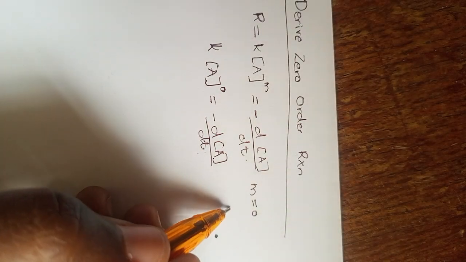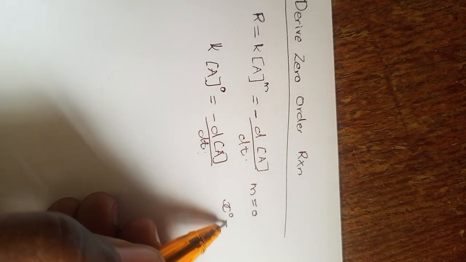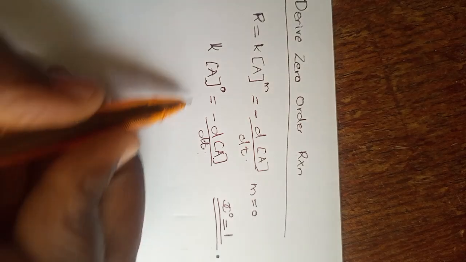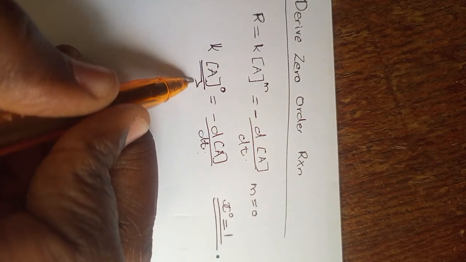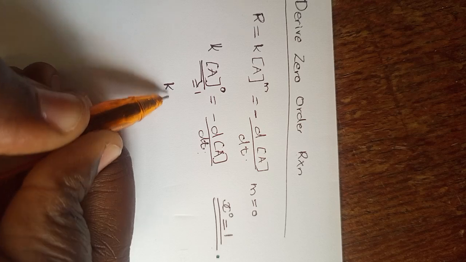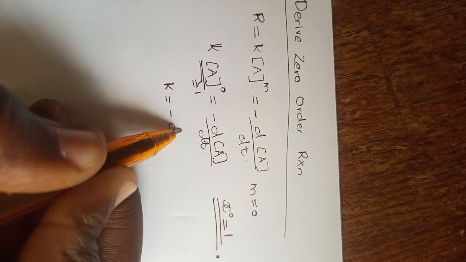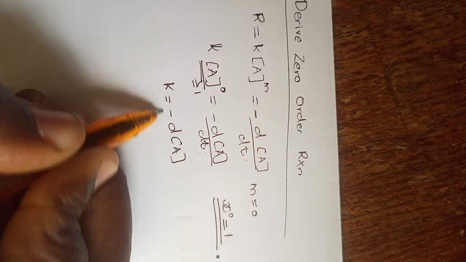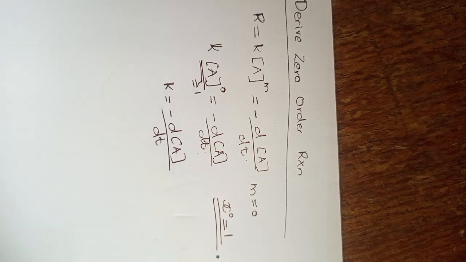In mathematics, any number raised to the power 0 is equal to 1. Therefore, this is equal to 1. So K will be the change in the concentration of A over the change in time.